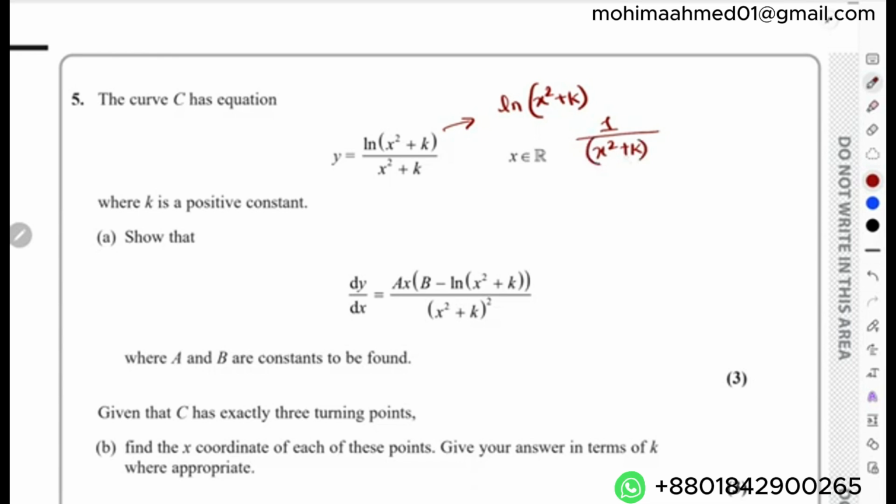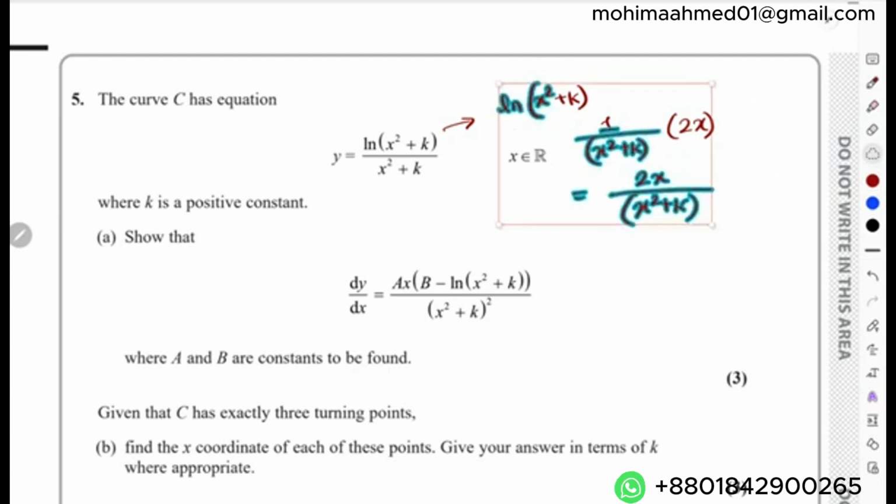And then you have to differentiate everything inside the bracket, which is x squared plus k. If you differentiate that, it becomes 2x, k becomes 0 because that's a constant. So finally you get 2x over x squared plus k. So this was the differentiation for your numerator, which will be considered as u.